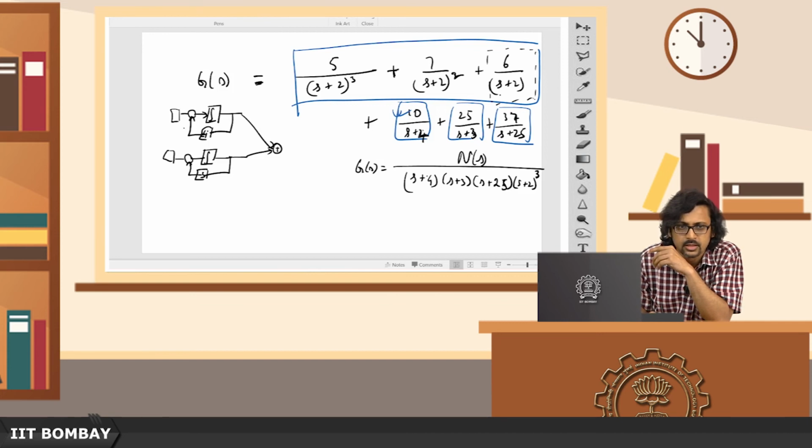So S plus 4 goes with 10, and this one will probably be 25, according to what I have written here. And then this third integrator, I am just going to write, so this is going to be my y. This third integrator I am going to pull out, so it is going to have gain 37, for instance.